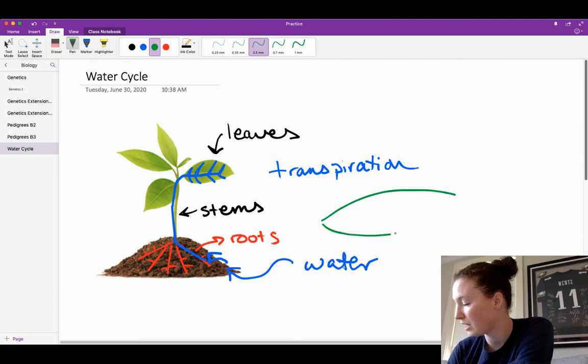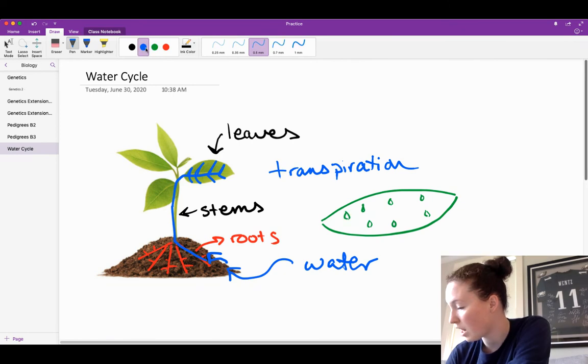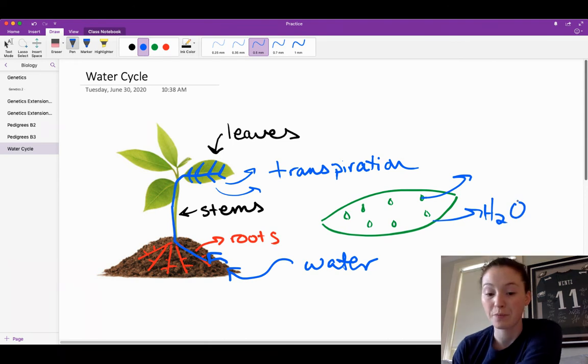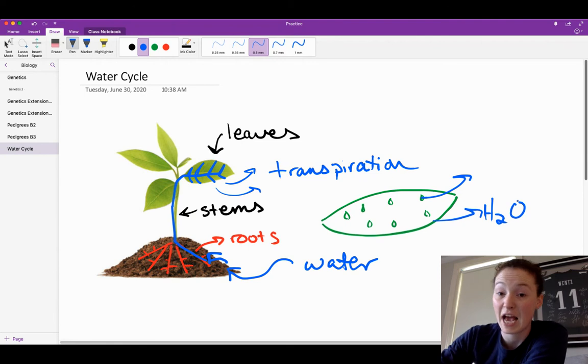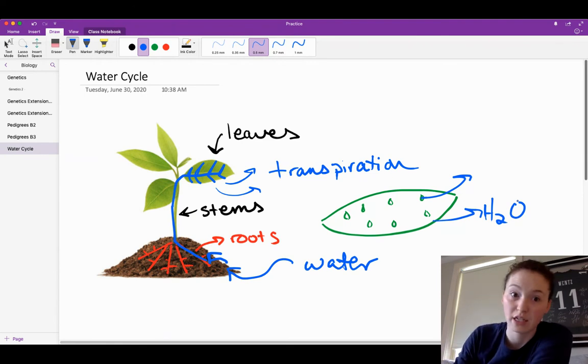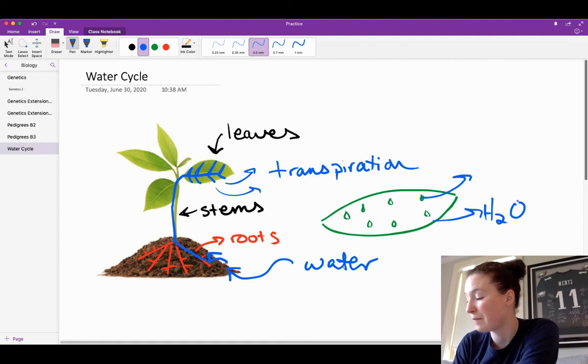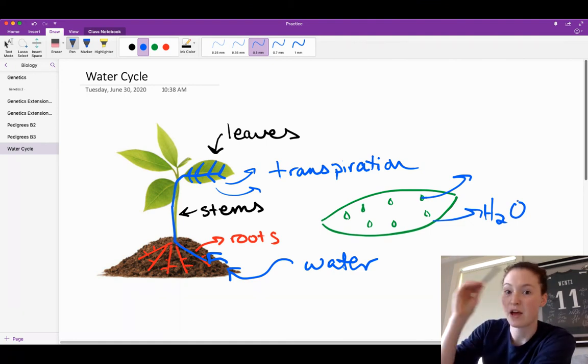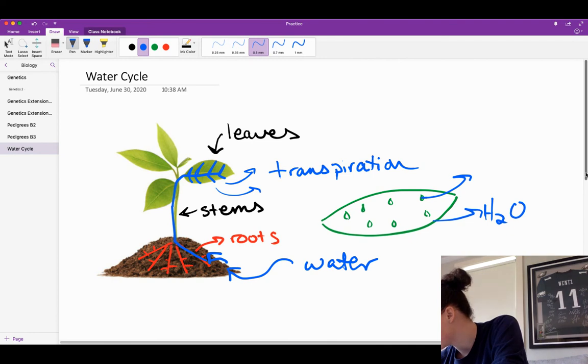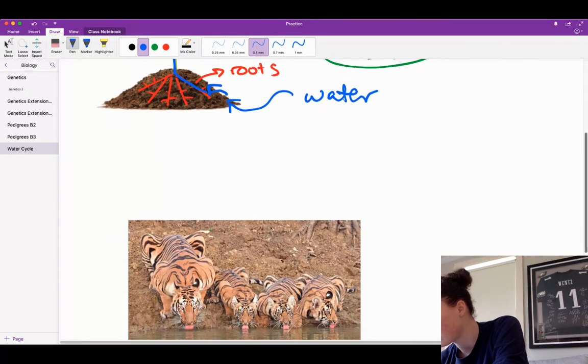On the bottom of a leaf, there are actually tiny microscopic pores on the bottom of a leaf's surface where water will then leave as gas. So it'll still be water, but it'll be water vapor. That way, it'll go back into the atmosphere, go up towards the clouds, and probably precipitate back down again. So in that way, we are creating that water cycle. That's how plants interact with the water cycle.